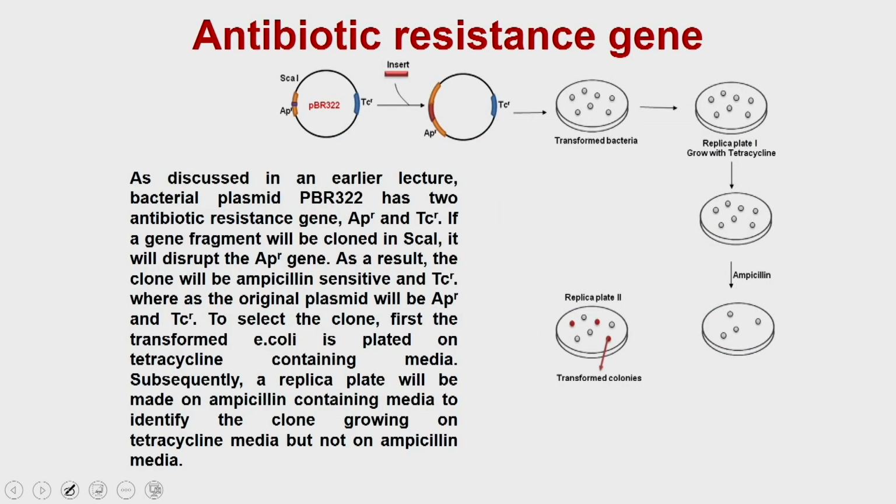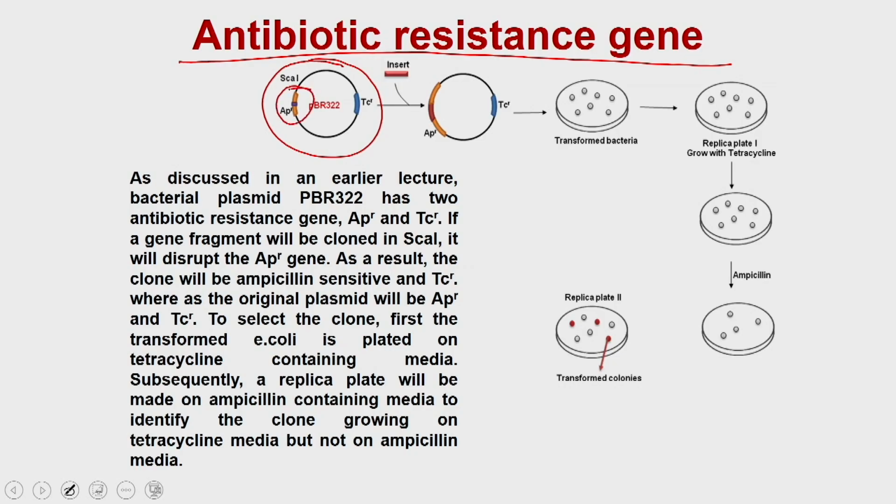Now, let us talk about the antibiotic resistance gene. If you remember, we discussed pBR322, one of the classical and first vectors developed by molecular biologists, and pBR322 has two antibiotic resistance genes.